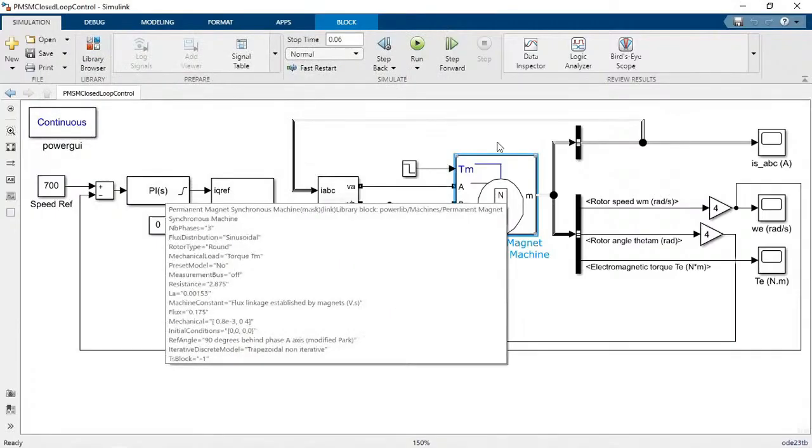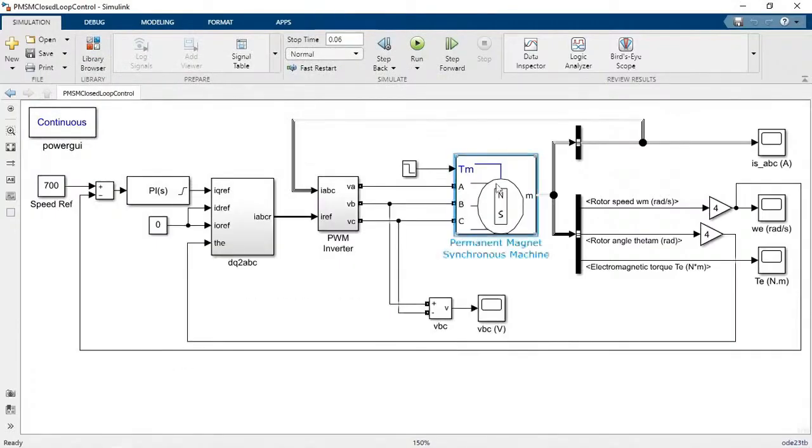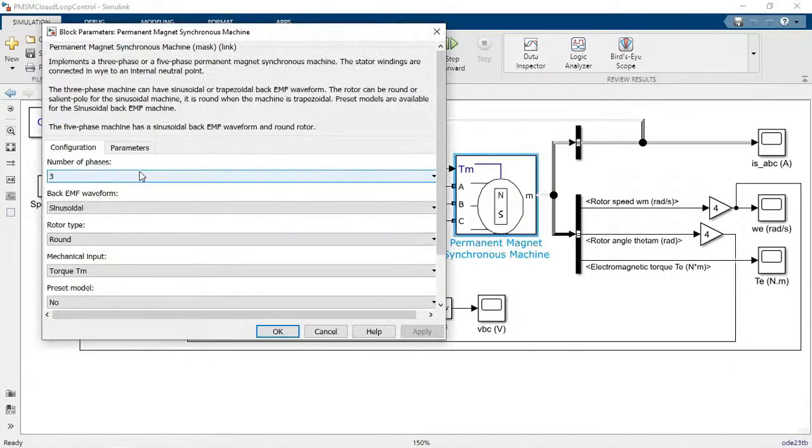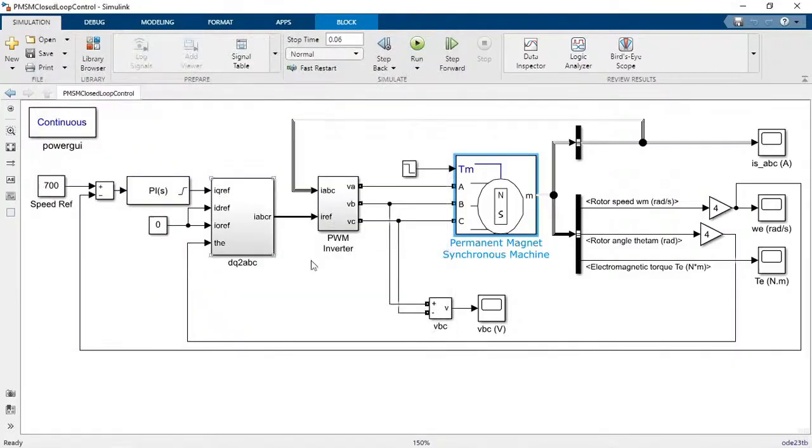In this motor, by changing the number of phases, instead of 3 you can use 5 phases also, so that for a higher power range we can use a higher number of phases to handle that maximum power.